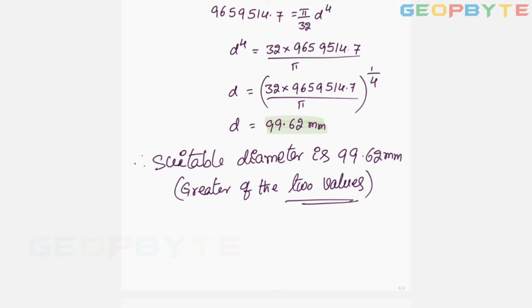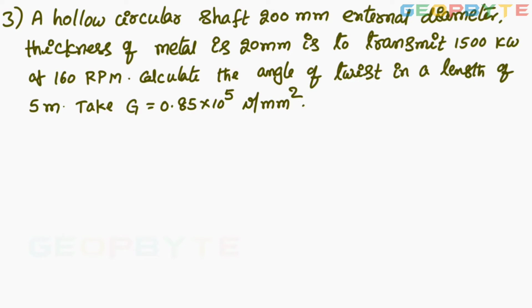Let us take another problem. A hollow circular shaft, 200 mm external diameter, thickness of the metal 20 mm, is to transmit 1500 kilowatts at 160 rpm. Calculate the angle of twist in a length of 5 meters.